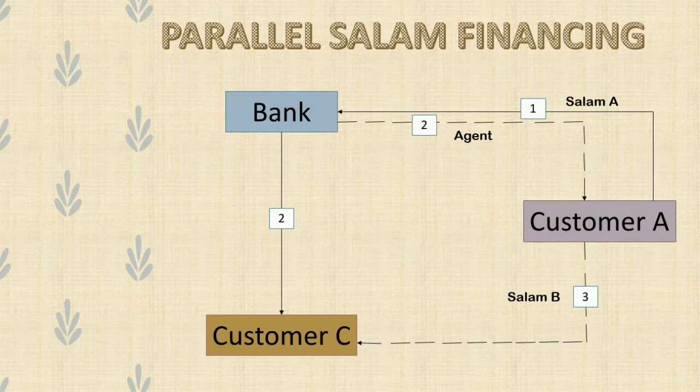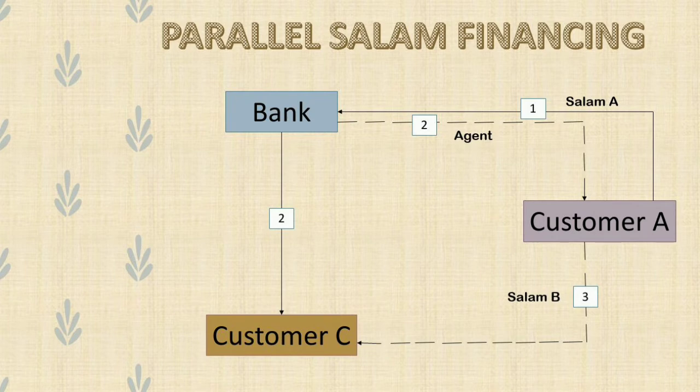Even if the purchaser in the second contract is a separate legal entity but it is fully owned by the seller in the first contract, the agreement will not be allowed because in practical terms it will amount to a buyback agreement. For example, A has purchased 1,000 bags of wheat by way of salam from B, a joint stock company.